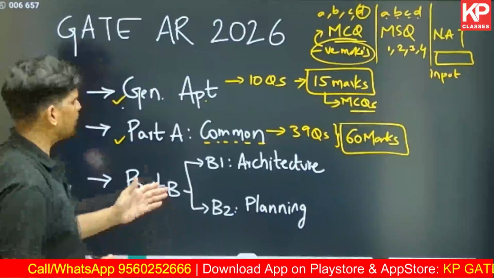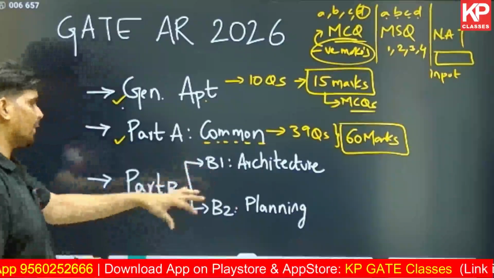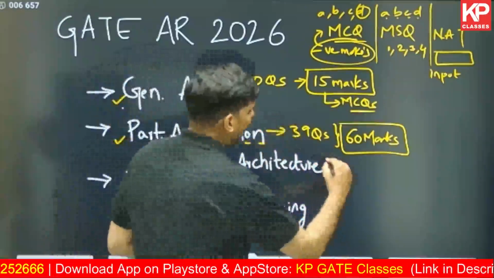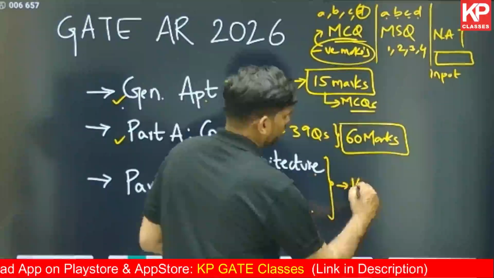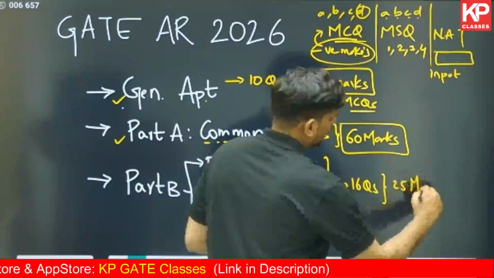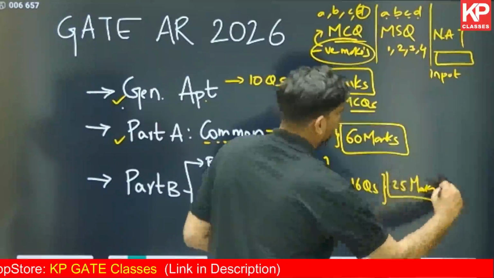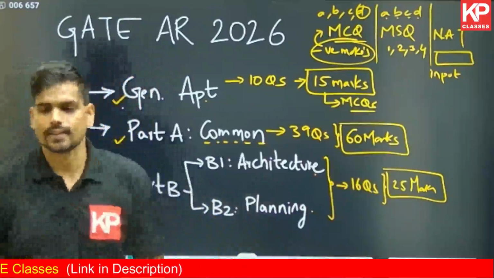As far as part B is concerned, architecture or planning, you have an option to make a selection between architecture or planning. Whichever part you select, you will have a total of 16 questions, and these 16 questions will give you a total weightage of 25 marks. So you see the total weightage is 15 plus 60 plus 25, that is 100 marks.